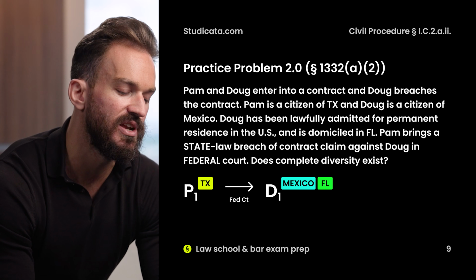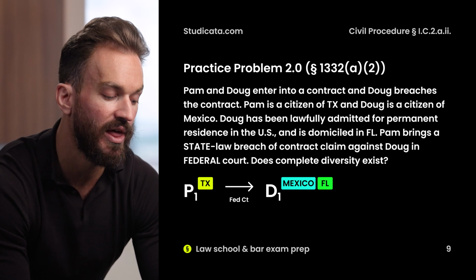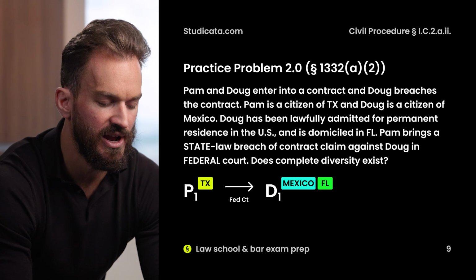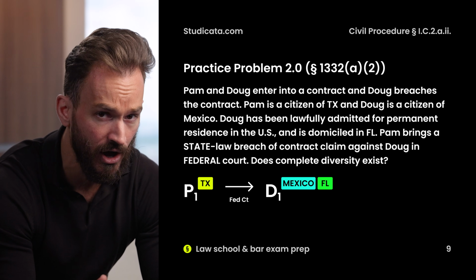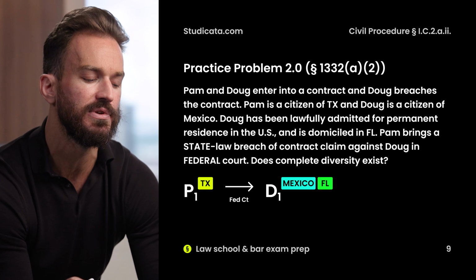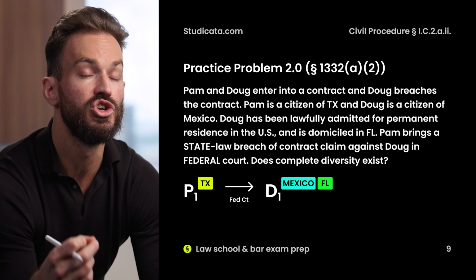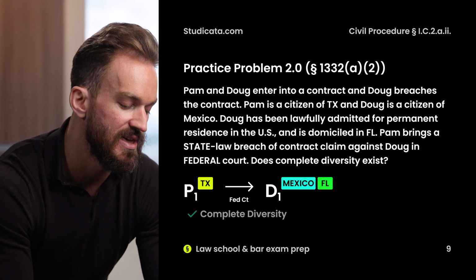Does complete diversity exist between the parties? Well, let's diagram it out. We have a plaintiff who's a citizen of Texas suing a defendant who is a citizen of Mexico, who has lawful permanent resident status in the United States but is domiciled in Florida. Do we have complete diversity? The answer here is going to be yes.